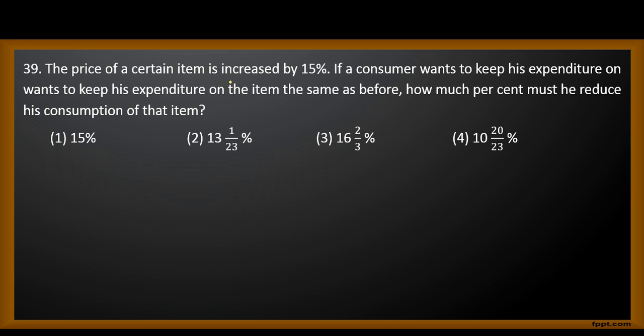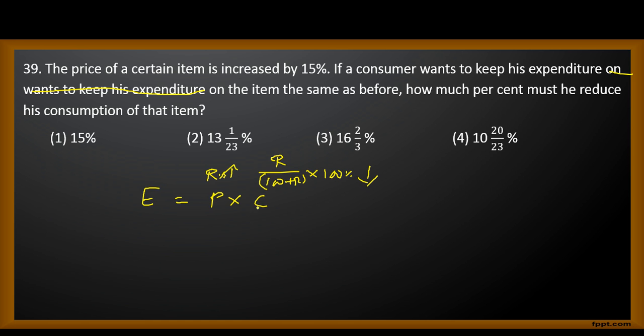The price of a certain item increased by 15%. If a consumer wants to keep his expenditure on the item the same as before, how much percent must he reduce his consumption of that item? Expenditure is equivalent to price into consumption. If price is increased by R percentage, then the consumption must be reduced by R by 100 plus R into 100%.